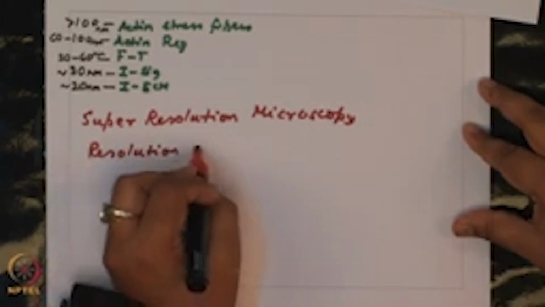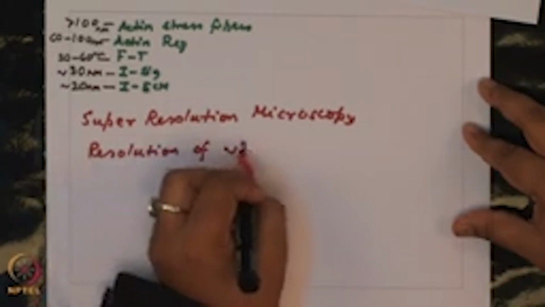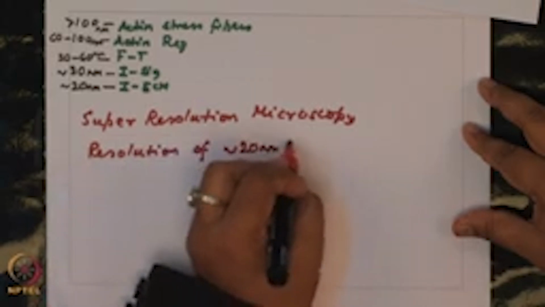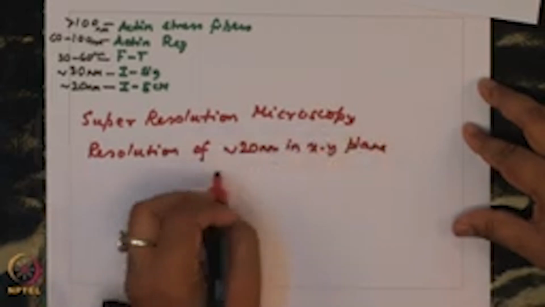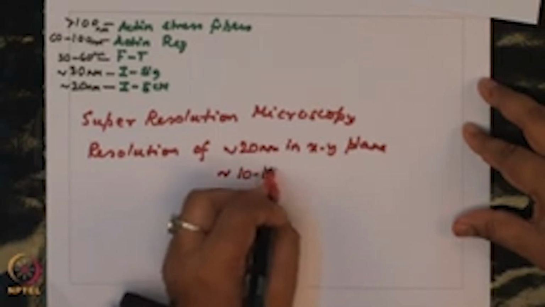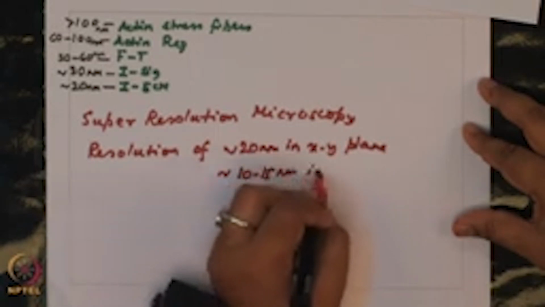Super resolution microscopy techniques have resolution of order 20 nanometers in the xy plane and order 10 to 15 nanometers in the z direction.